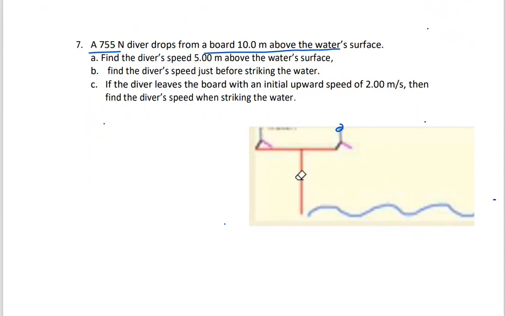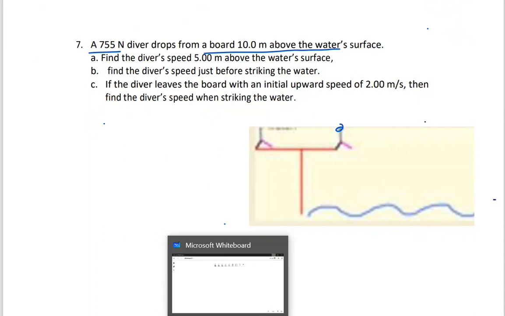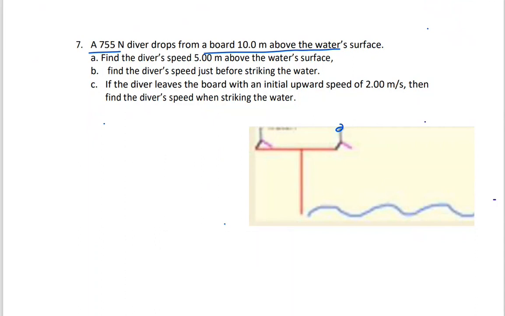Okay, see now. Here, if the diver leaves the board with initial upward speed, so the diver will jump up with initial speed 2 meters per second. Find the diver's speed just when striking the water.